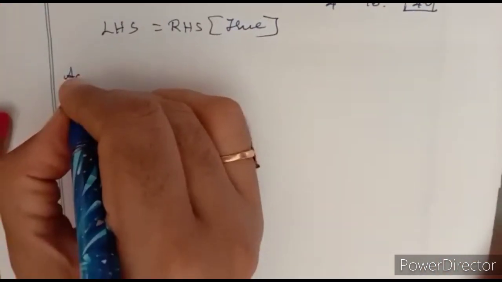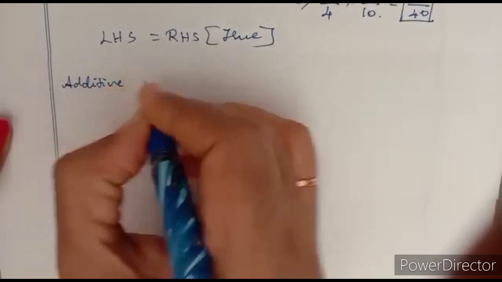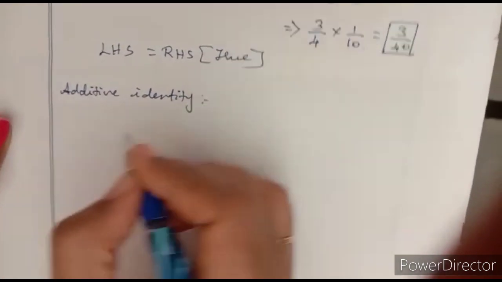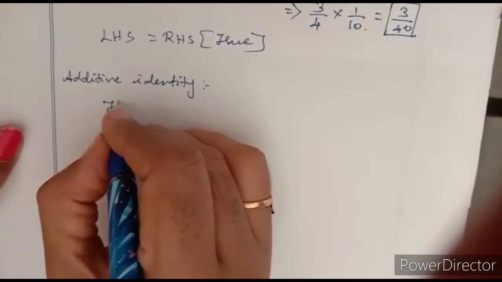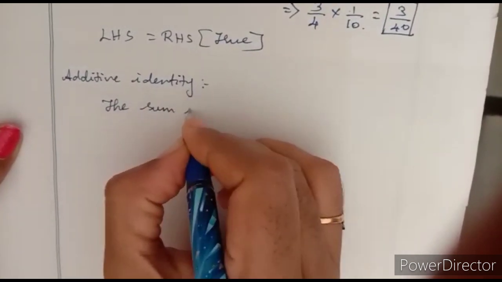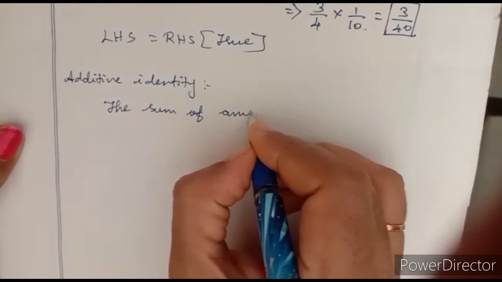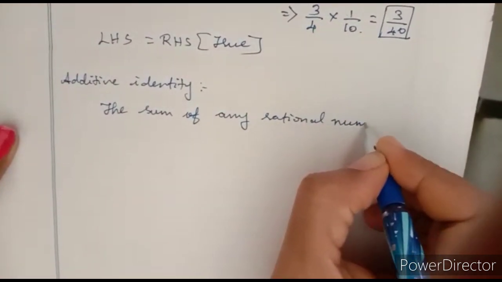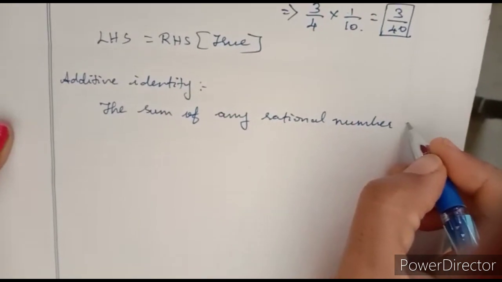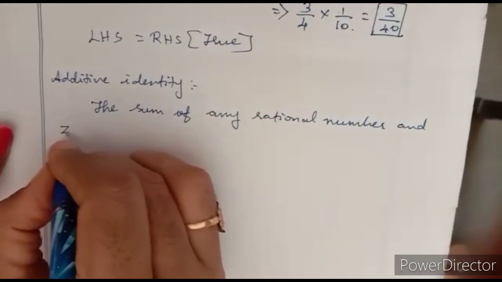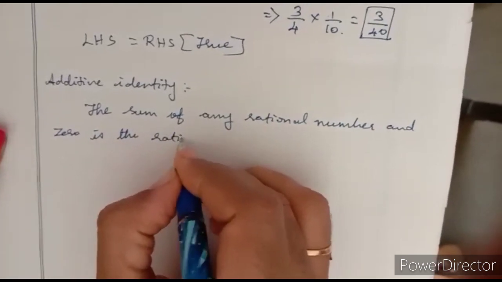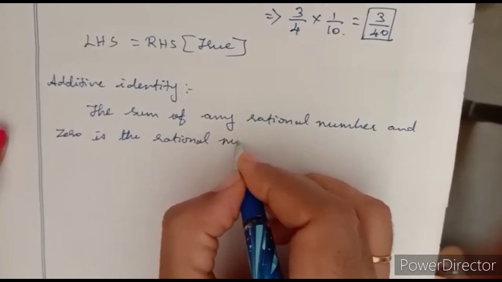Then additive identity. The sum of any rational number and 0 is the rational number itself.